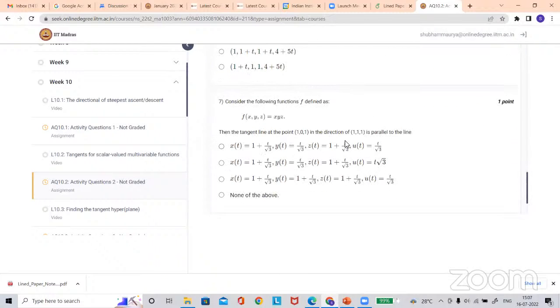So I've understood. In this one, question 5, we have it in the direction (1, 2). Now we have to find it in the direction of the unit vector, and it will be parallel to that. Is that what it means?